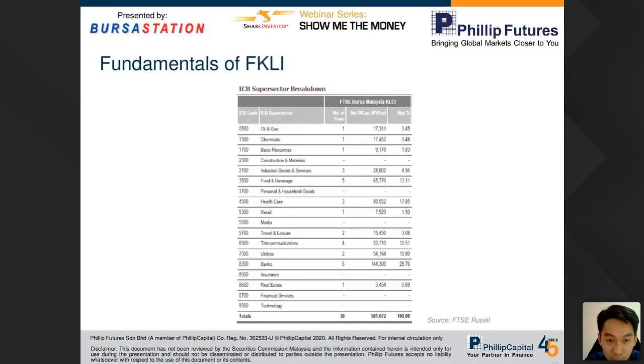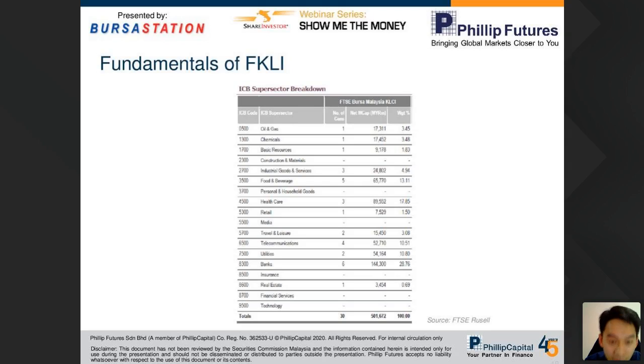Next, you also want to see the weightage of each sector in the KLCI index. The largest sector is actually banks. That's why whenever banks are on an uptrend, you will expect KLCI to move in tandem as well.